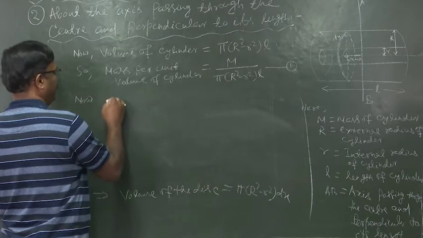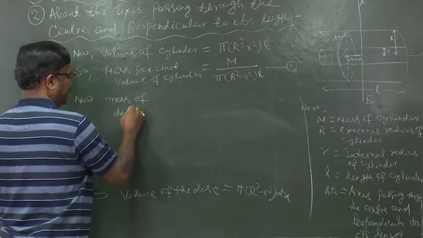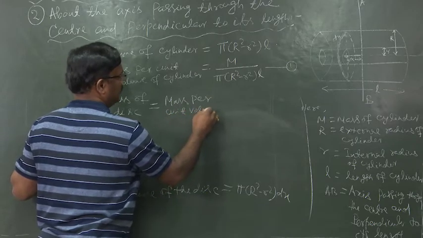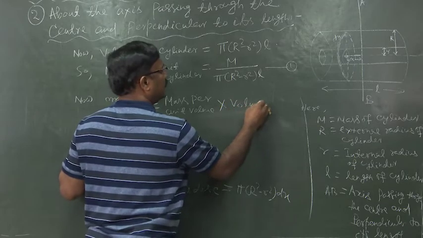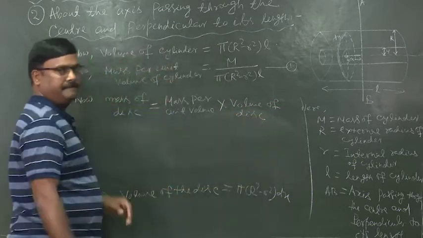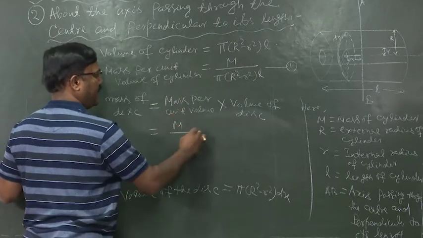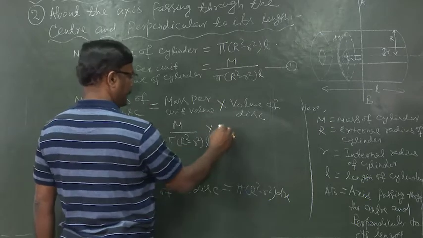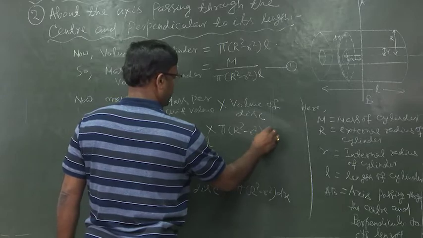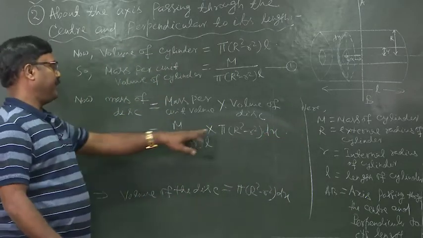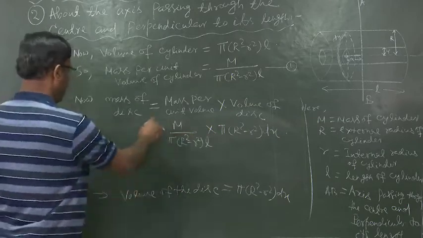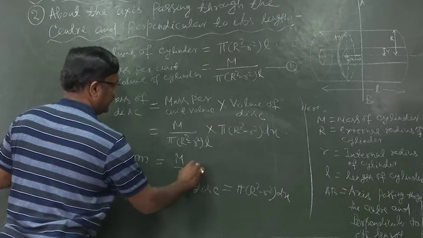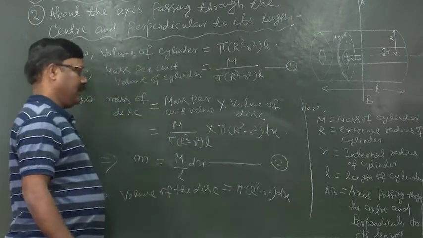Now, mass of disc is equal to mass per unit volume multiplied by volume of disc, which is equal to m by pi (R square minus r square) into L multiplied by pi (R square minus r square) into dx, and pi gets cancelled and R square minus r square also gets cancelled, which implies dm is equal to m by L into dx. Let this be equation 2.